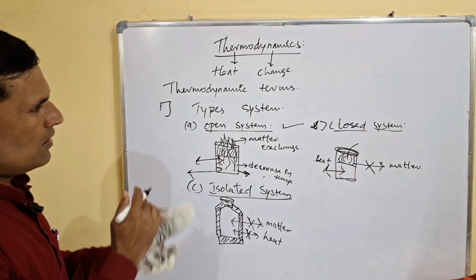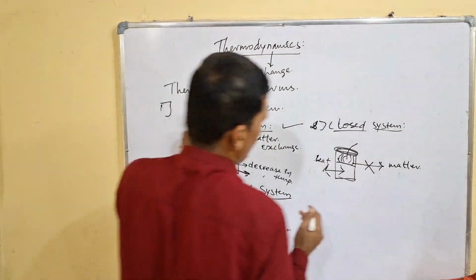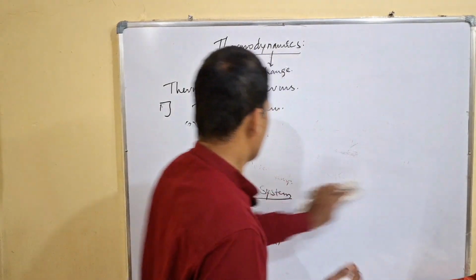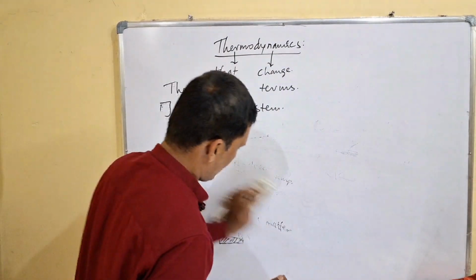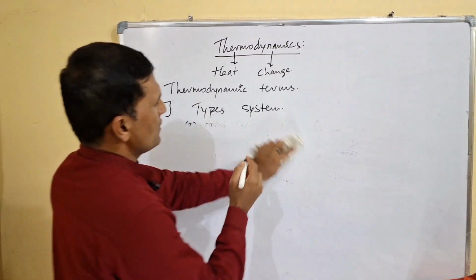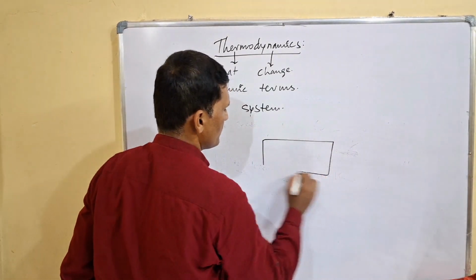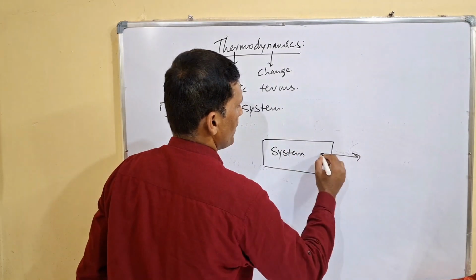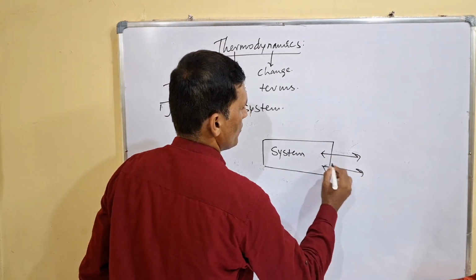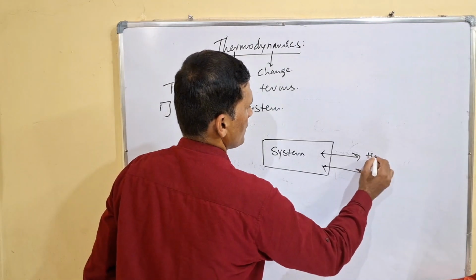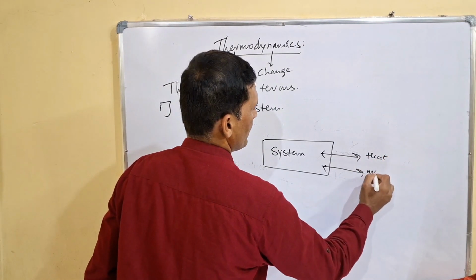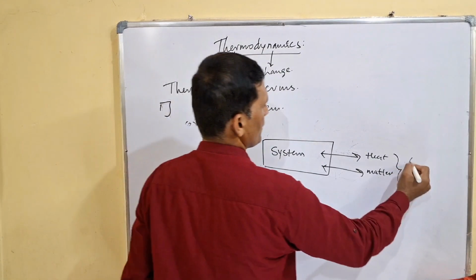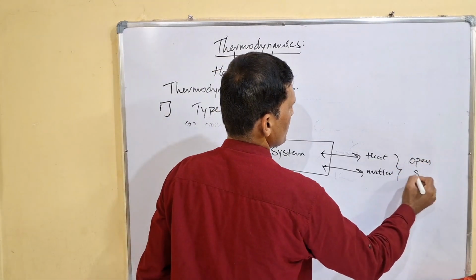Now we will put it together and summarize like this. If a system exchanges both heat and matter with the surrounding, then it is called an open system.